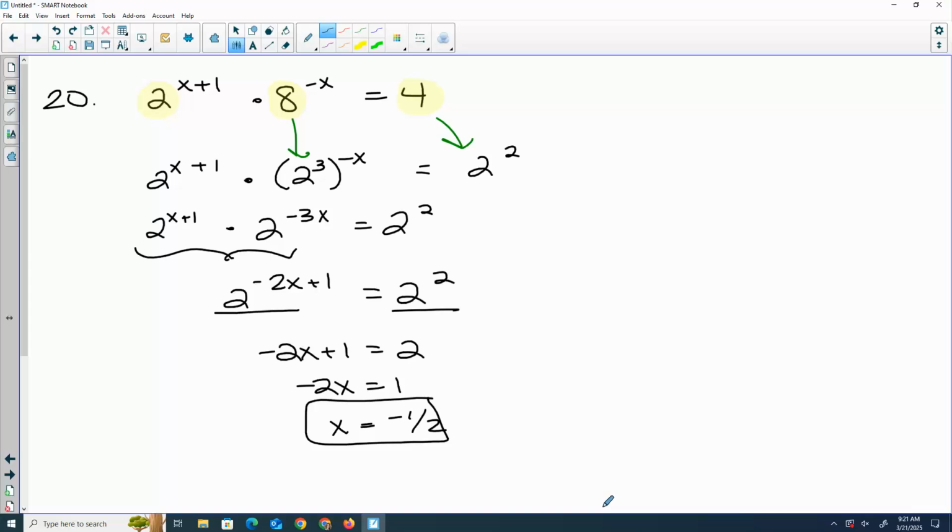Yeah, Blake? When you calculate 2 and then the exponent's negative 2x plus 1, before you added those, I dropped the 2 and had x plus 1 plus negative 3x, and I got negative 2x equals 1. Yeah, I did that too.